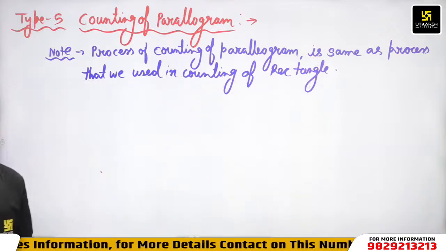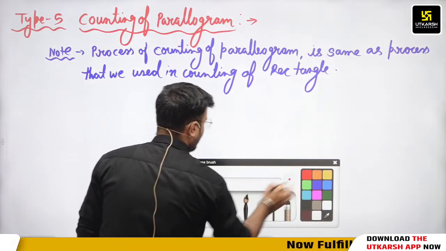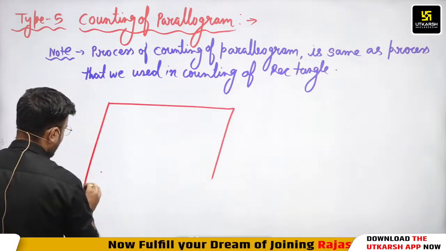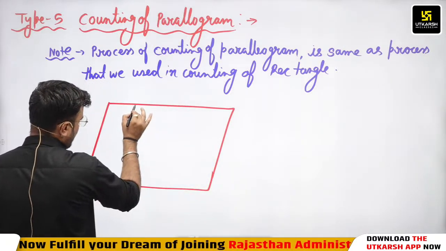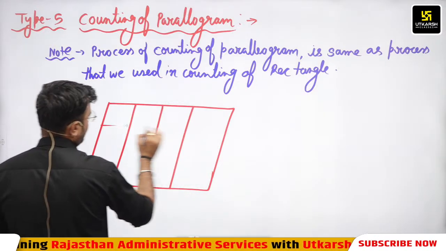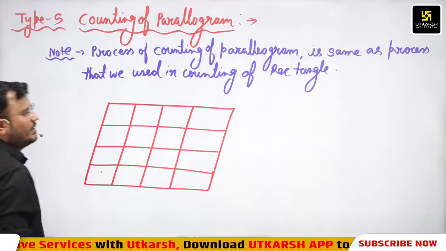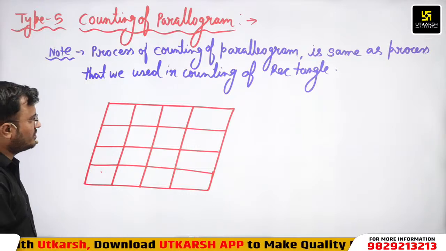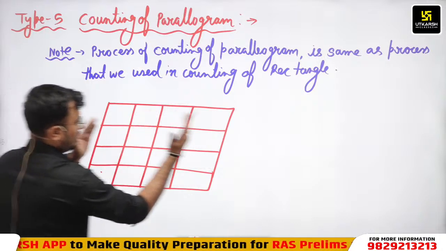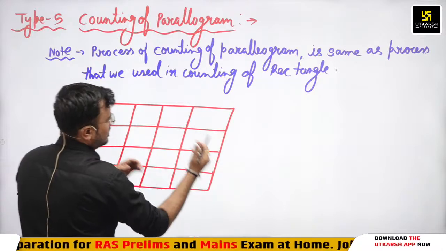Now if I am asking, try to find how many parallelograms are there in this figure. As you can observe very clearly, I formed this diagram in a tilted way, because in a parallelogram each interior angle is not equal to 90 degrees.